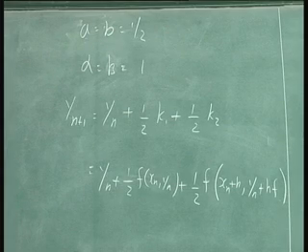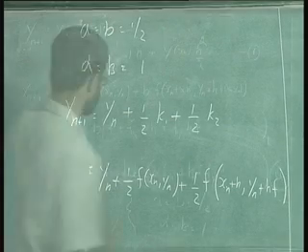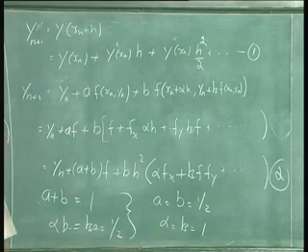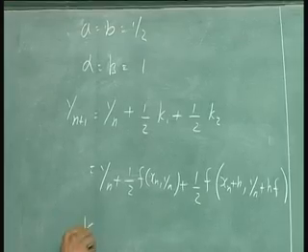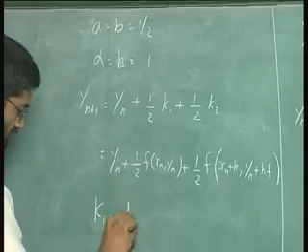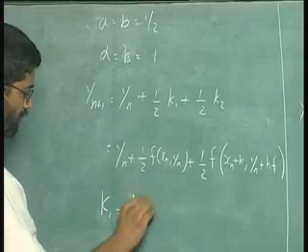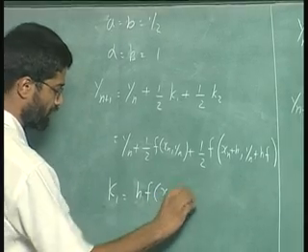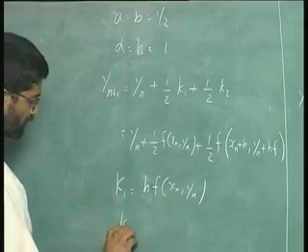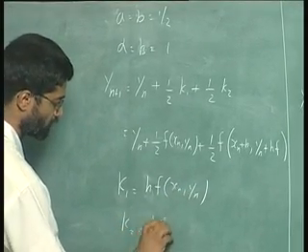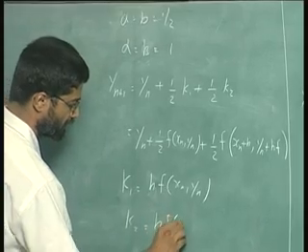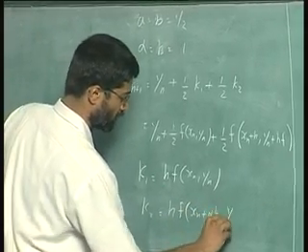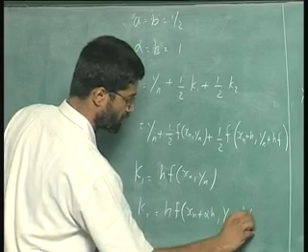Okay, so I forgot to write an h here, so there is actually an h term in all these equations. Because remember, we write k1 as h times f of xn comma yn, and k2 as h times f of xn plus alpha h, yn plus beta k1.